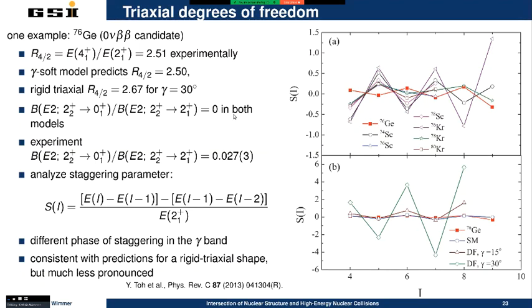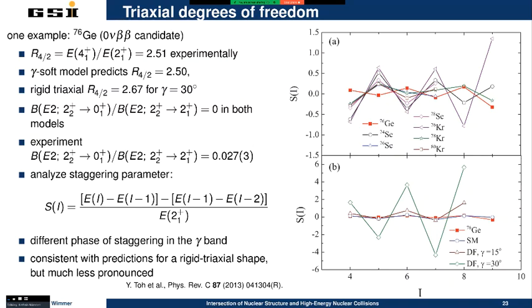So both of the models predict that this B(E2) ratio is 0. And in the experiment, it's not 0, but it's very small. So based on all of these observables, we cannot distinguish between rigid triaxial and gamma soft.